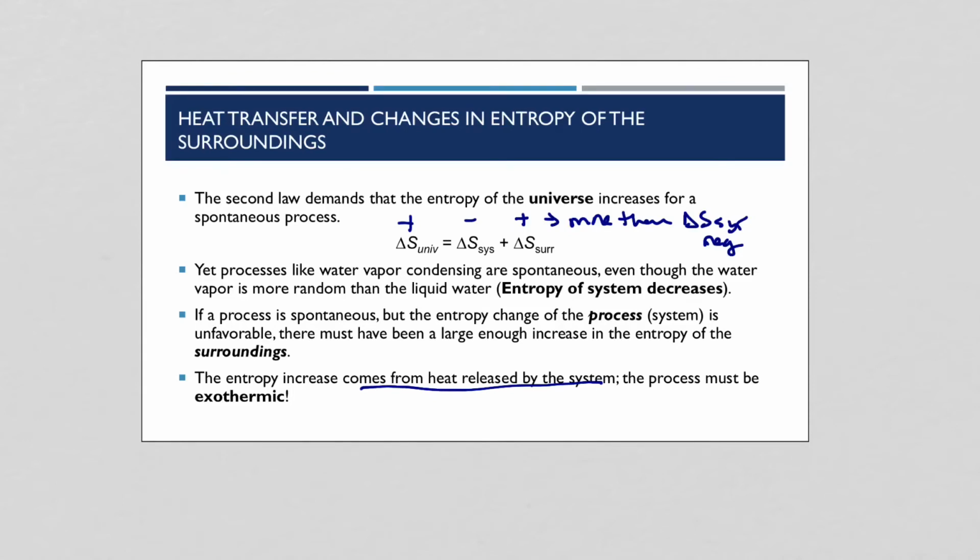We're getting that energy dispersal. So bottom line is that in order for systems like this to be spontaneous, they must be exothermic. So if a system has a decrease in entropy, then it must also be exothermic so that we get an increase in entropy of the surroundings and therefore an entropy increase of the universe.